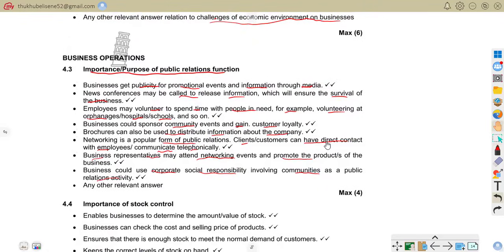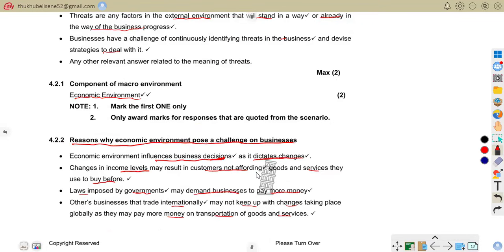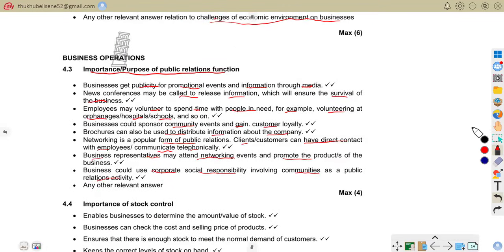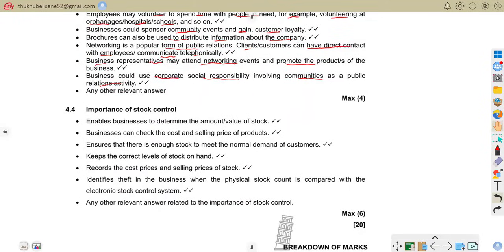So now coming to 4.4. It says advise business on the importance of stock control. Here we are on the importance of stock control. It enables business to determine the amount or value of stock.